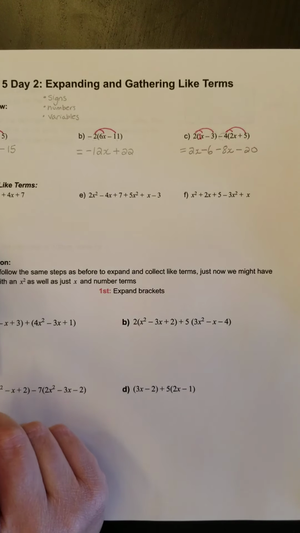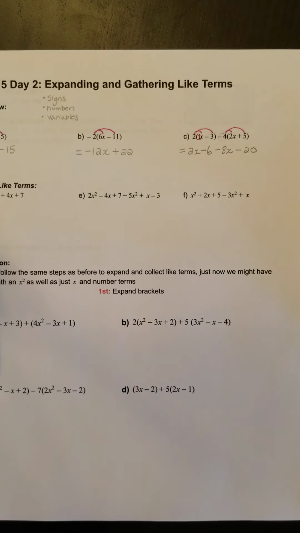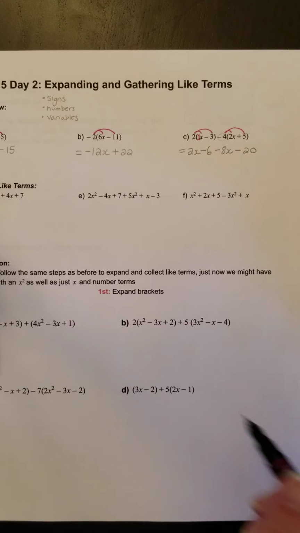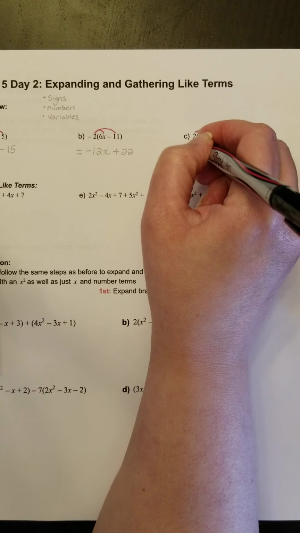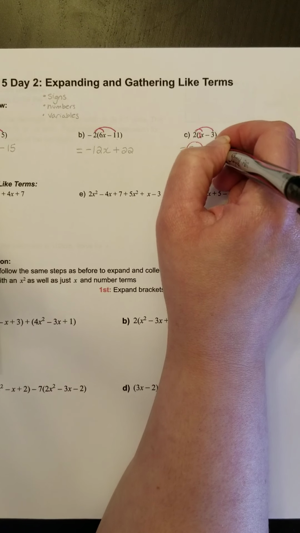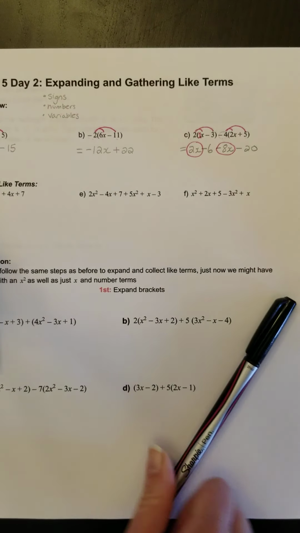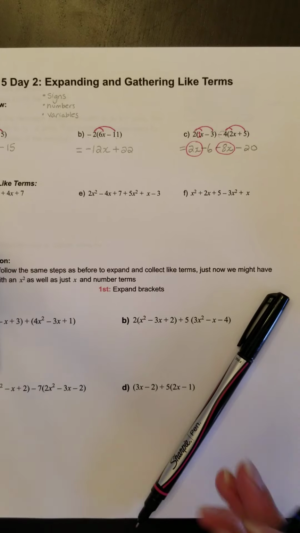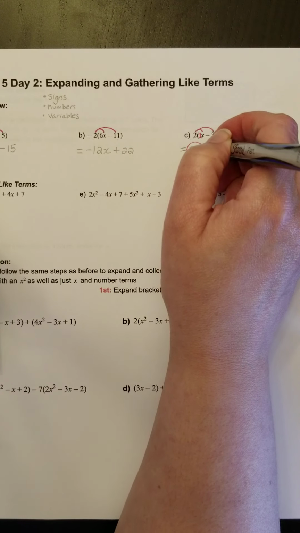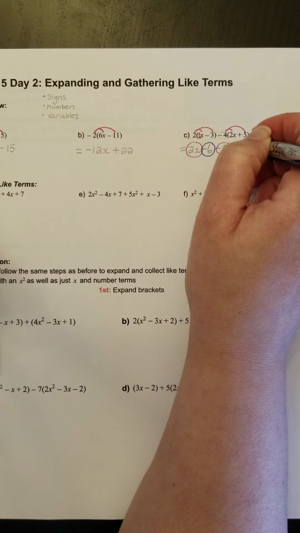You'll notice that this one is a little bit bigger of a question, and we see that we've got some like terms. So here I'm going to say I've got some terms with x's, so like that 2x and the negative 8x. And I have some terms with just numbers, so a negative 6 and negative 20.